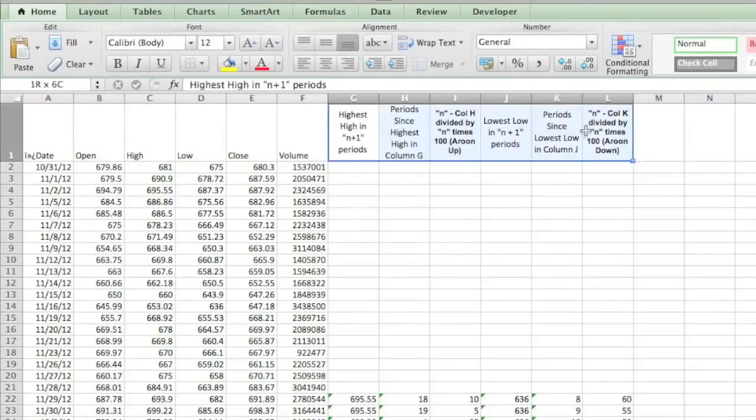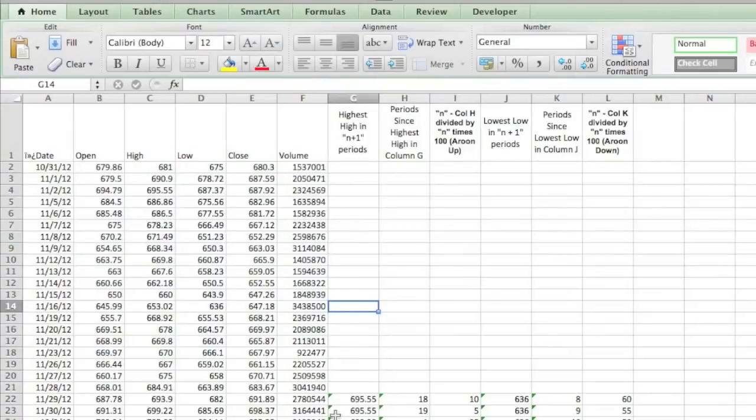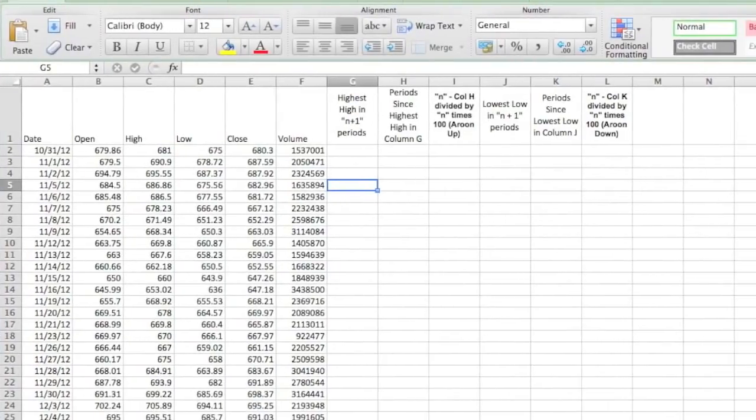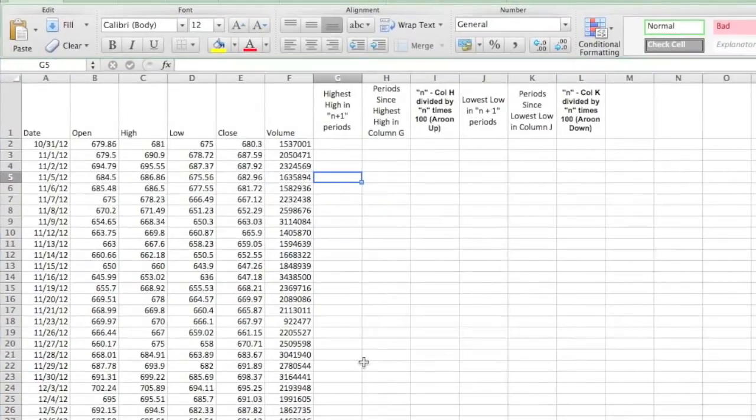We just need 6 extra columns from your current data. So I just copied the same data into a new sheet to calculate. Once you've downloaded your data into Excel, the very first thing we need is to calculate the highest high in n+1 periods.